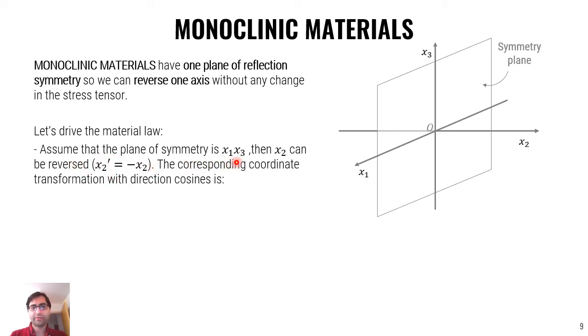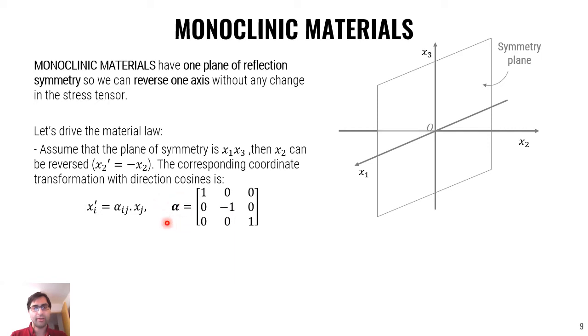Assuming the plane of symmetry is x1, x3, as you see in this figure, then x2 can be reversed. So in the reversed configuration, x2 prime becomes minus x2. Here's the corresponding coordinate transformation for that. As you see, x2 is reversed.